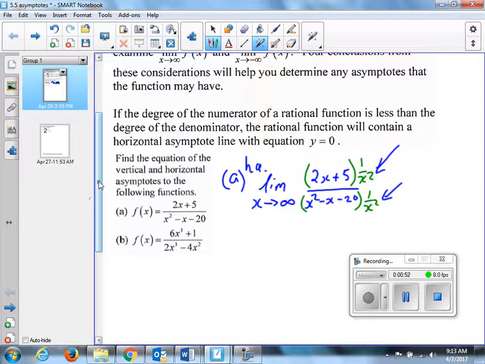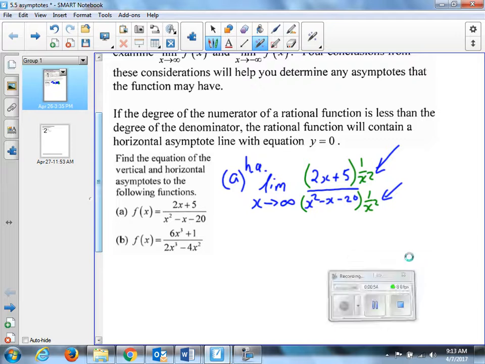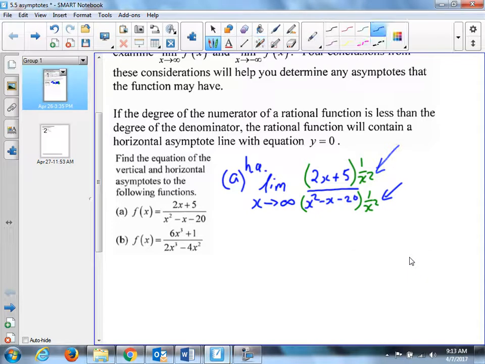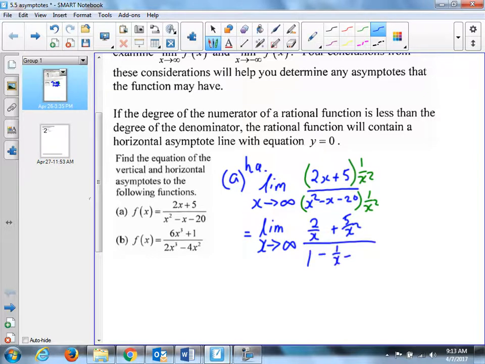What's the expression you get when you multiply through by this? As x approaches infinity, we get 2 over x on the numerator plus 5 over x squared. You'll quickly see that you get minus 1 over x minus 20 over x squared.